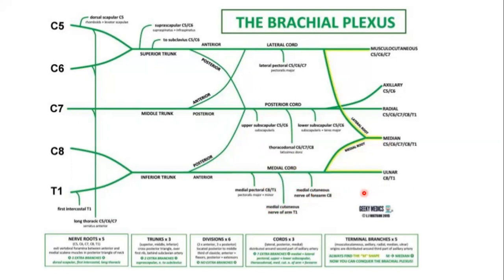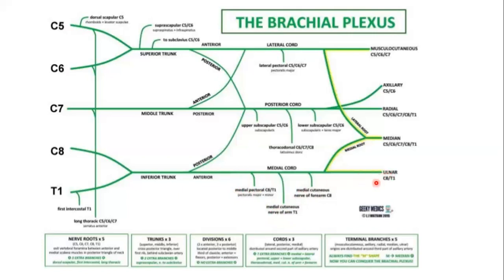Okay, I repeat, the 5 branches that arise from the medial cord are the MP nerve, medial pectoral nerve, and the MC nerves, medial cutaneous nerves. This one is for the arm, and this is for the forearm. This is the MP nerve. These two are the MC nerves, and then we've got the medial root to the median nerve, and the last one is the ulnar nerve.